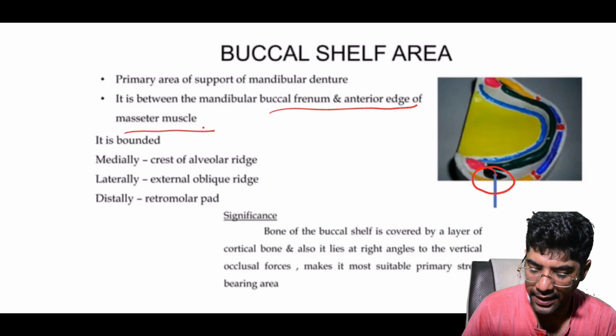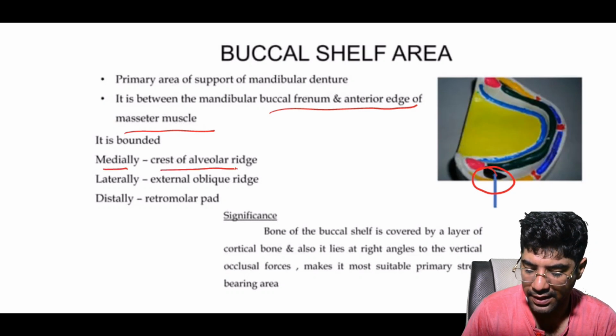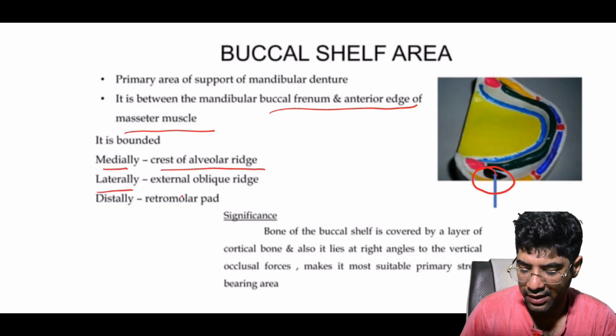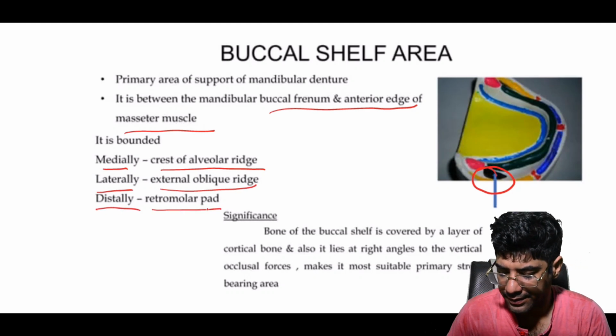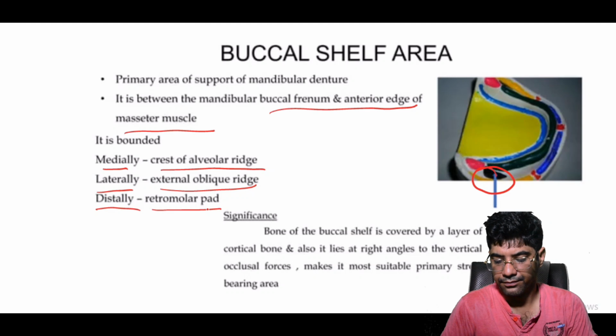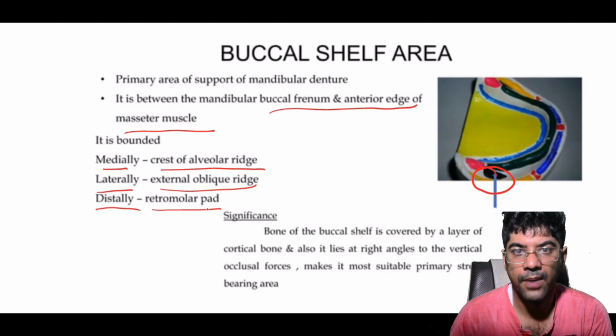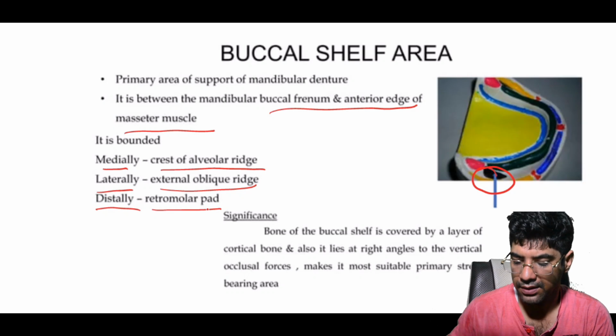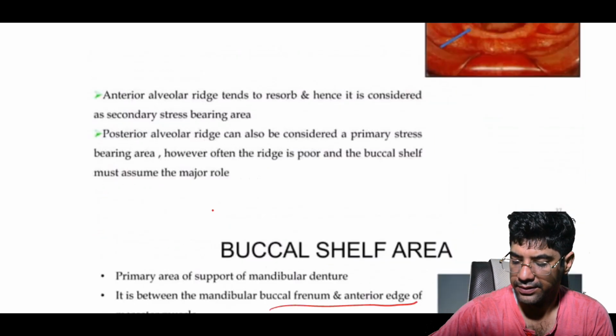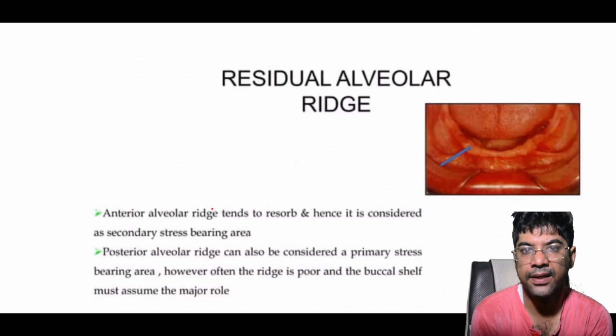It is bounded medially by the crest of the alveolar ridge, laterally by the external oblique ridge, and distally by the retromolar pad. The buccal shelf area provides important support for the denture, especially in resorbed ridges. Second is the residual alveolar ridge.